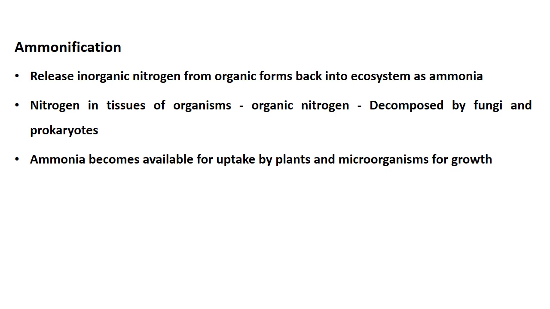So these tissues will be decomposed by various fungi and prokaryotes, and they release the inorganic nitrogen from these tissues back into the ecosystem as ammonia, and this process is known as ammonification. The ammonia then becomes available for the uptake by plants and other microorganisms for their growth.